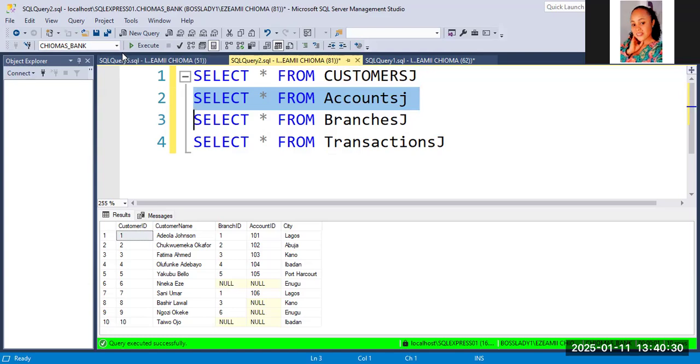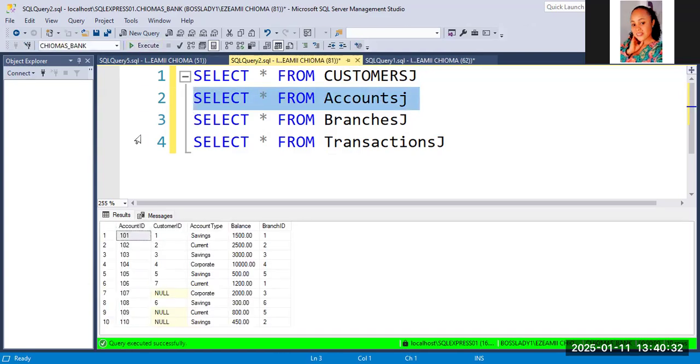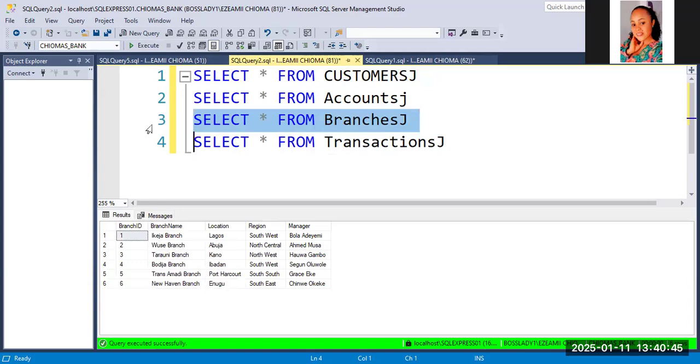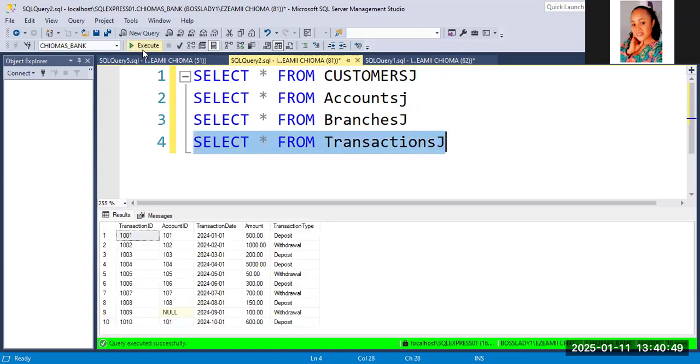Then we have our accounts table. This contains the account ID, the type of account, and balance, and also a foreign key. Then we have the branches table, which contains our branch information. Then we have the transactions table, which contains transactions made by our customers. We'll be using these four tables for the sake of this lesson, all right?